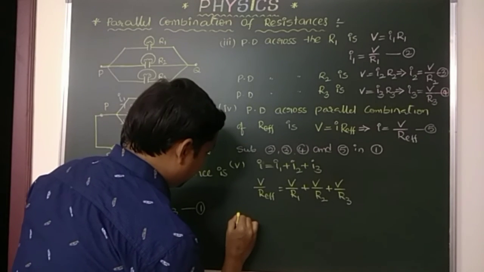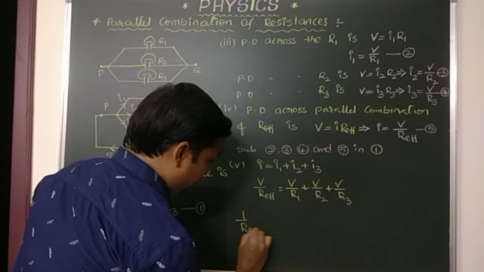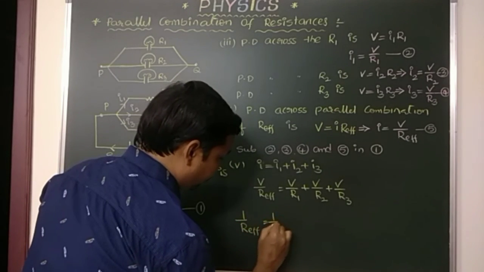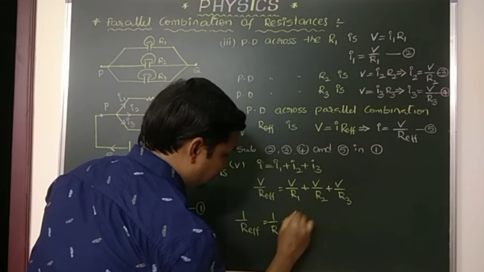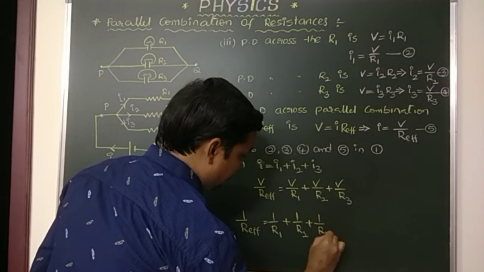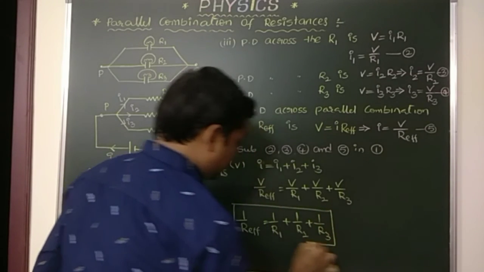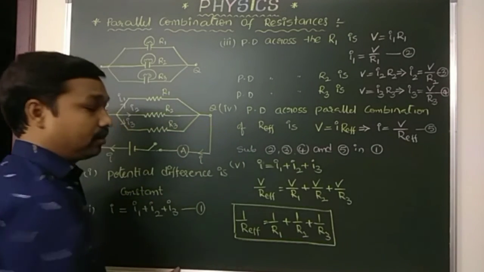So we will get the formula: 1 by R effective is equal to 1 by R1 plus 1 by R2 plus 1 by R3. This is the effective resistance of this parallel combination.